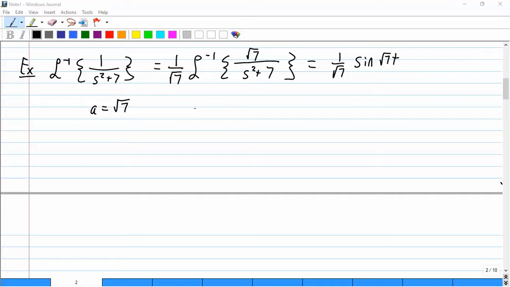All right, so let's look at one like this. I got two actually that I want to try. The inverse Laplace transform of 5, that's a 5, not an S, over s squared plus 49.